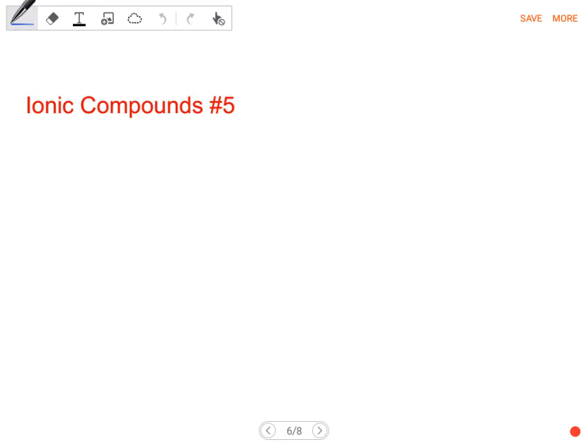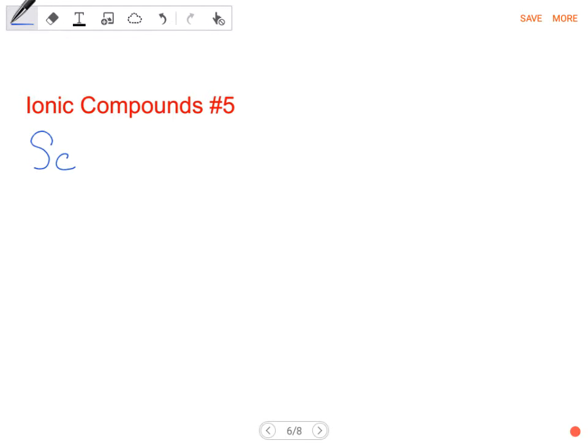Okay, let's take something different. Let's go with cobalt. Pardon me, actually I'm going to change that. Let's go with scandium. Now scandium is written as Sc.